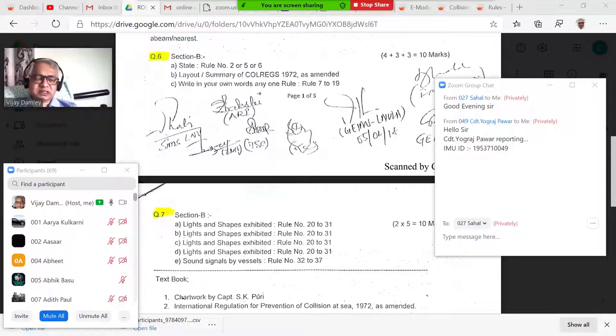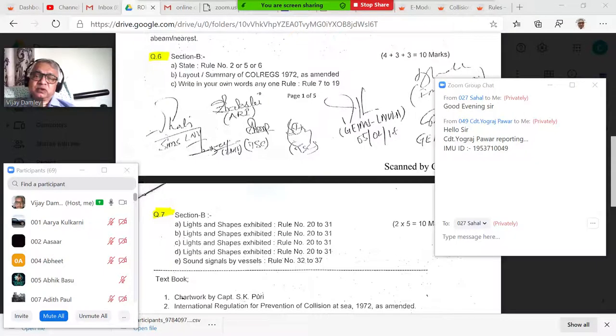Summary means section 1 is this, section 2, section 3, then we have got this, like that. The layout is not going to deal with any rules word by word. The B is talking only about summary, means you say, okay, this is lookout rule, this section applies to all, 9 and 10, 9 is narrow channel, 10 is this, like that.